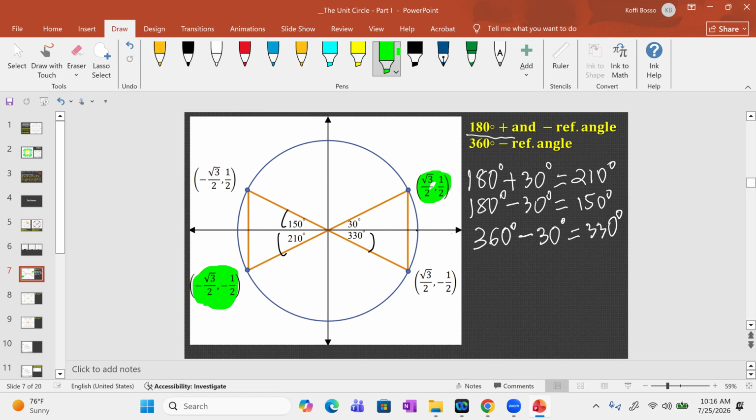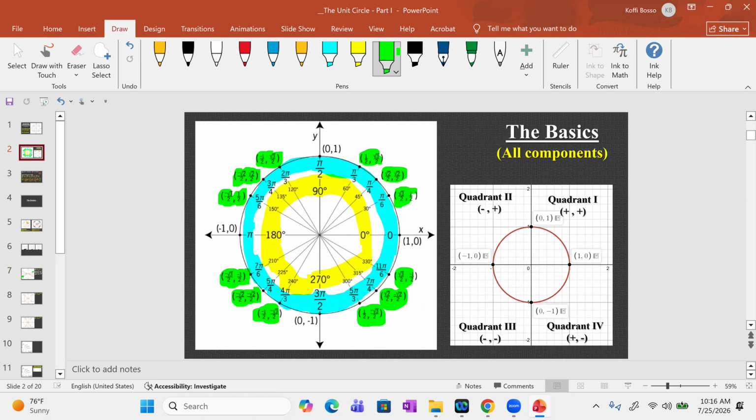Remember, in quadrant 3 we have the x and the y value negative. And yes, if you check this side, you'll see that all the values here are negative. If you see here, the first value is negative, which is the x value, but the y value is positive. If you see here, all the values are positive. So in quadrant 1, everything is positive.